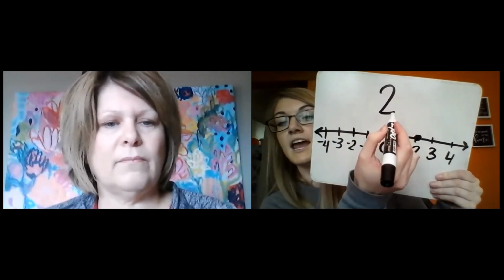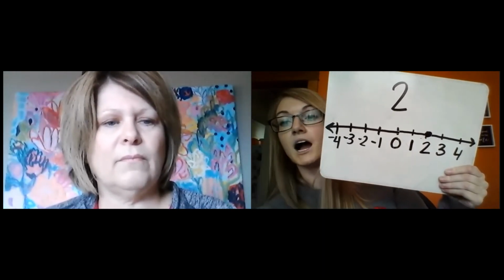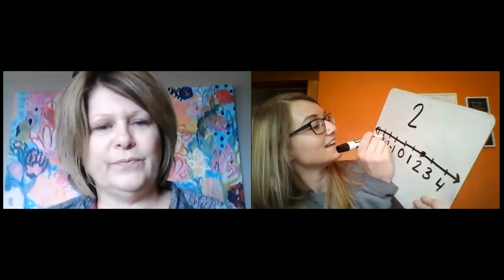We put a dot right there on 2 because we're graphing 2. And I want to graph the opposite. So what's the opposite of a positive 2? Negative 2. That's right. You see, you get the hang of this.